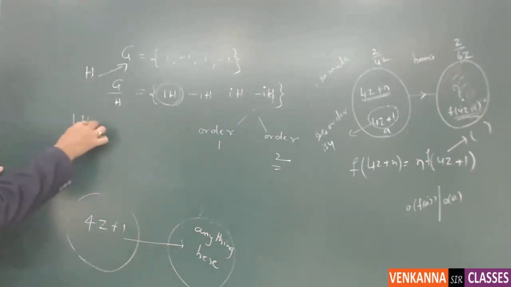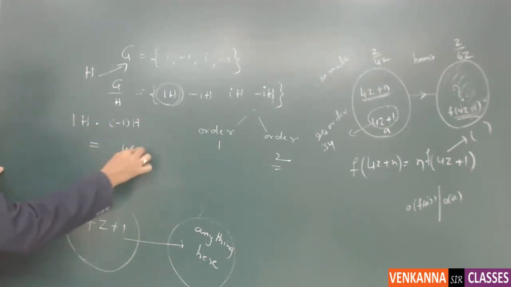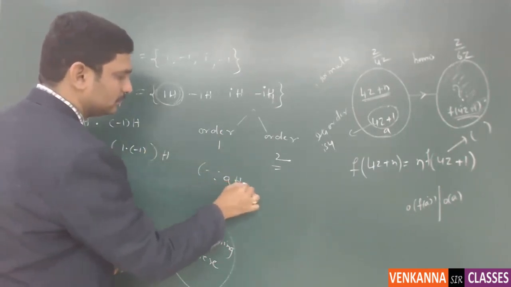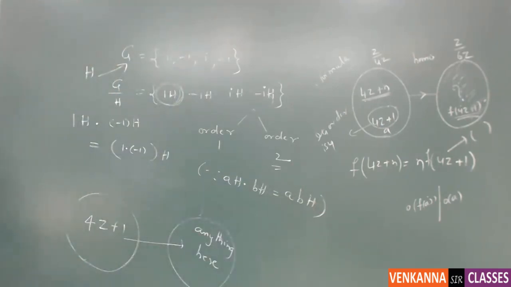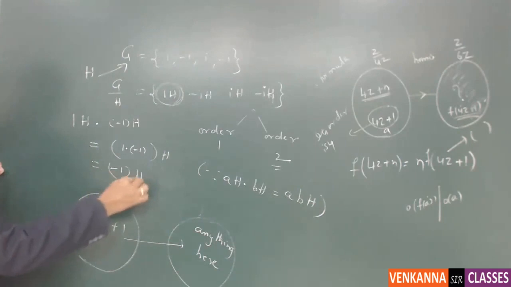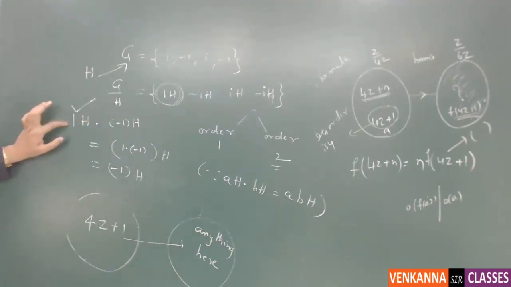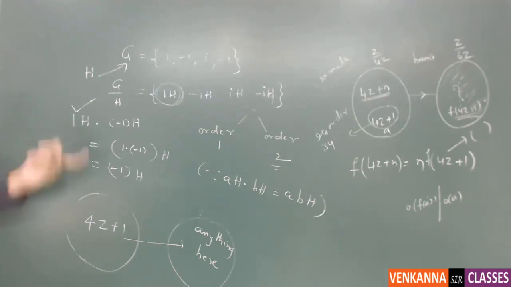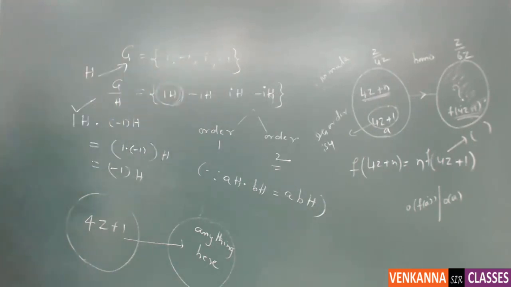Because 1 into H times minus 1 into H is nothing but 1 into minus 1 of H, which is minus 1 into H. So this acts as an identity element. And 1H is nothing but the subgroup itself. Similarly, if you take Z by 6Z, 6Z is nothing but the identity. Clear now?